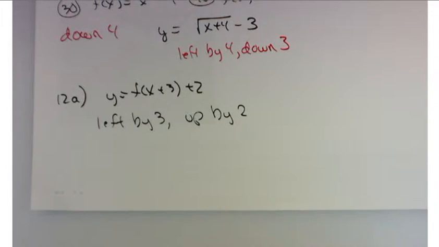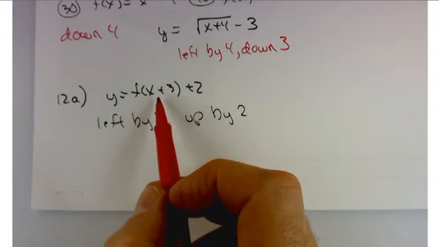Will there ever be an instance where it actually will go to the right because it's positive? Not like this. Positive in here is always going to be to the left.